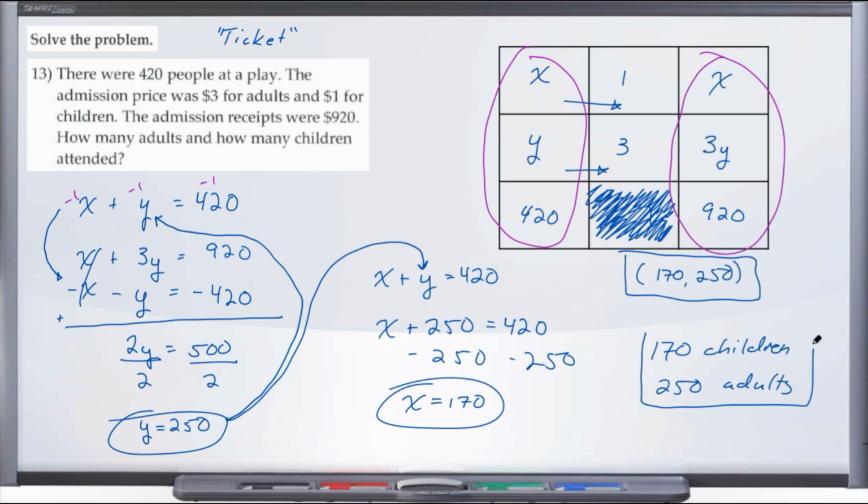And so instead of giving just a straight ordered pair answer, this is really what your professor is going to be looking for. All right, so explicitly tell them what each of the numbers corresponds to. 170 corresponds to the children, and 250 corresponds to the number of adults who attended the play.